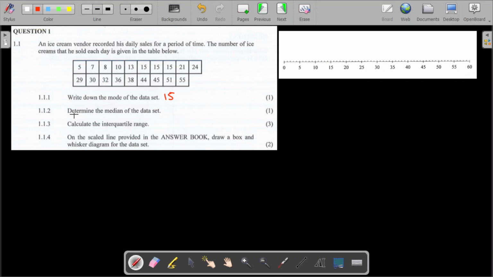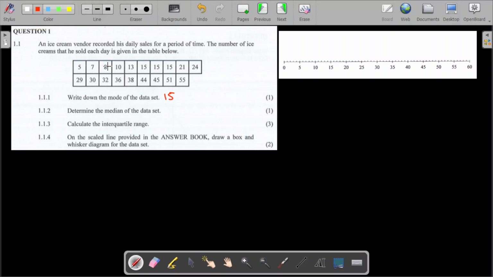Now let's go to 1.1.2. They're asking us to determine the median of the data. What is the median? The median, remember, is the number in the middle of our data. Obviously, the data is already arranged for us in ascending order.